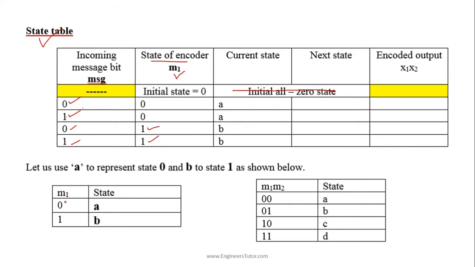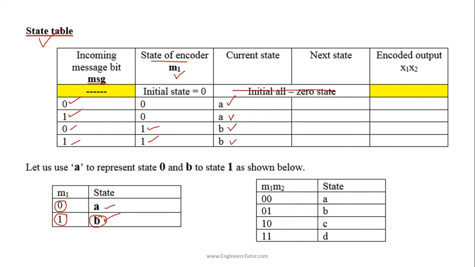State 0 is represented with letter A, and state 1 is represented with letter B.